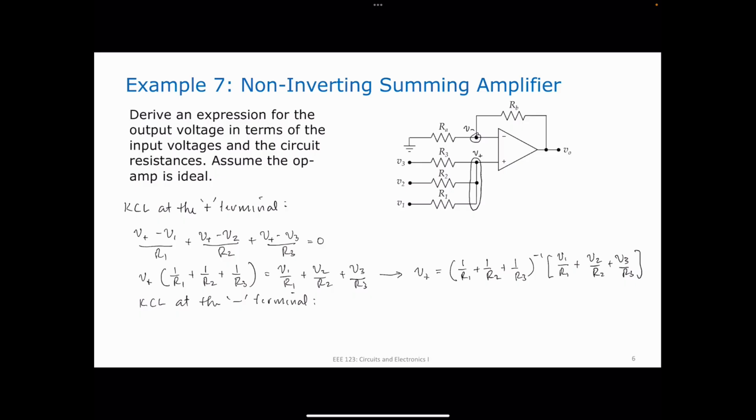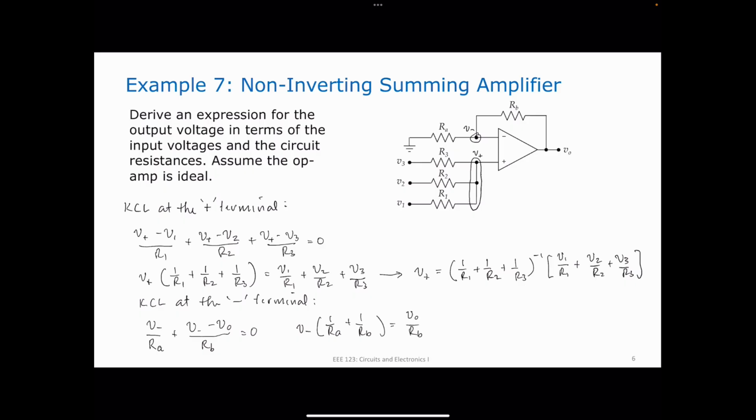I have V minus over RA, plus (V minus minus VO) over RB. And then again, the third current is 0. So this is now equal to 0. Let me isolate V minus. I have V minus times (1 over RA plus 1 over RB) is equal to V sub O over RB.